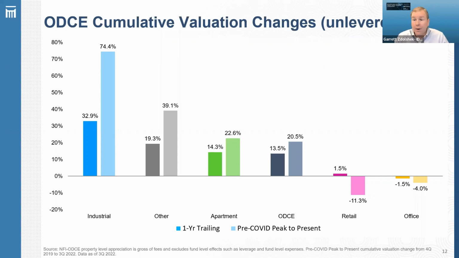I mean, think about that return difference over 3 years. I specifically unannualized the number because I wanted to really show you, industrial, if you add leverage, has arguably doubled in value in your holdings. While office, on the very far right, is down on a levered basis, probably over 5%.